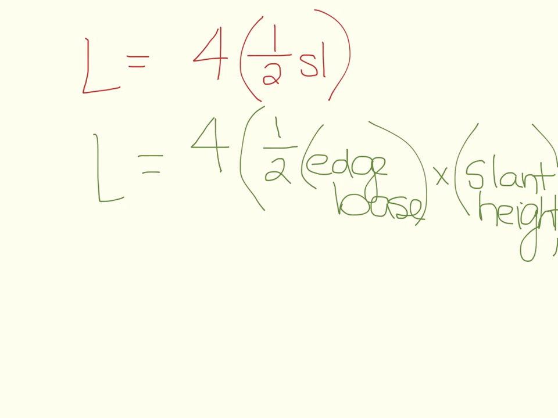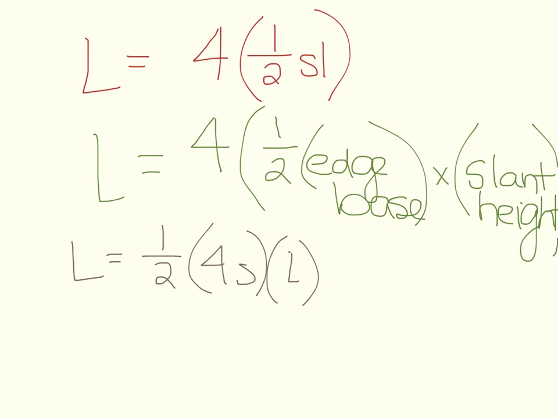So we are going to switch around some of our numbers so that it looks like lateral area equals 1/2 times 4 times the S, which we said was the edge of the base, times the L, which we said was the slant height.